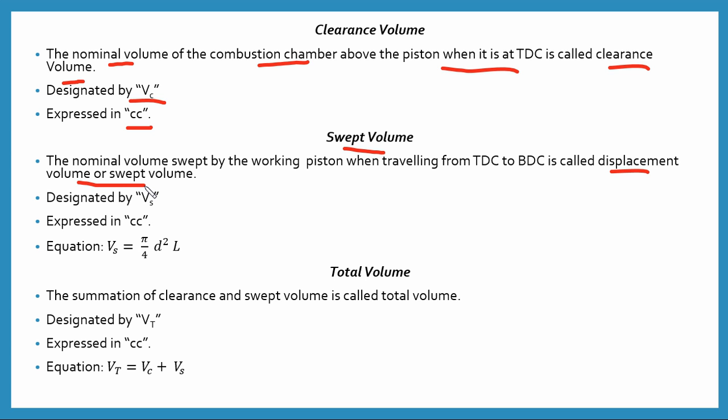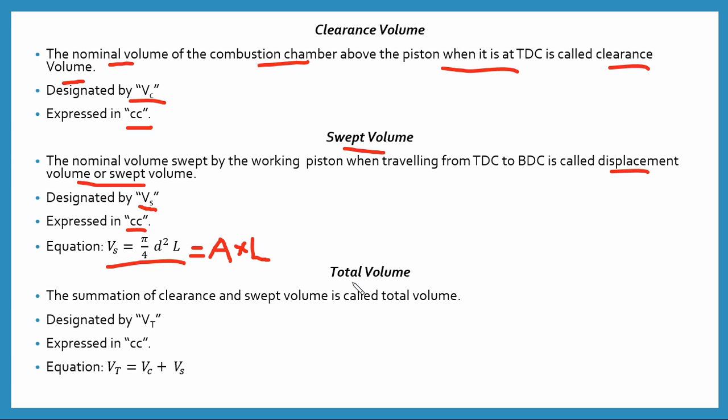This volume is designated by Vs and expressed in Cc. The equation of the swept volume is Vs equals pi by 4 d square L, or it can be calculated as Vs equals capital A into capital L, where A is the area of the piston and L is the stroke length.